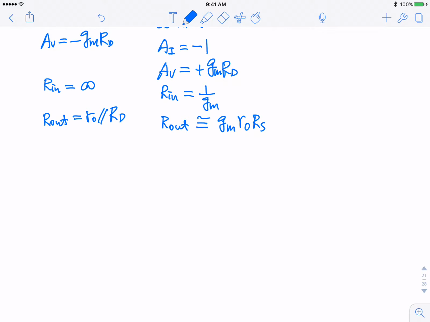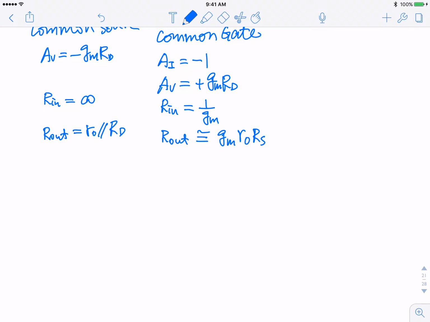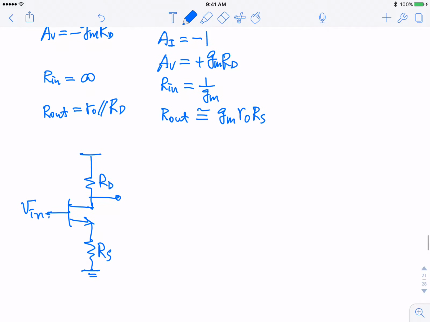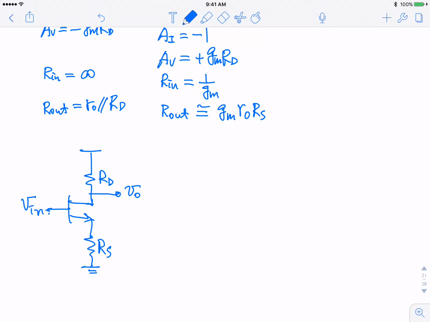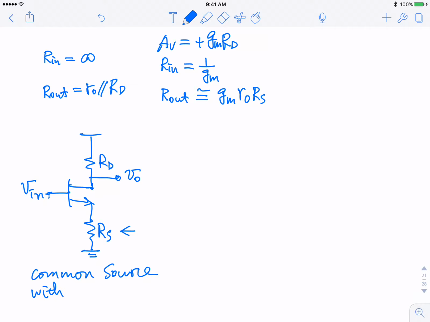Another configuration that is very similar to the common source is a common source with source degeneration. So if you have RS here, RD, and this is your input. This is very similar to your lab 5 components, a common source with source degeneration.